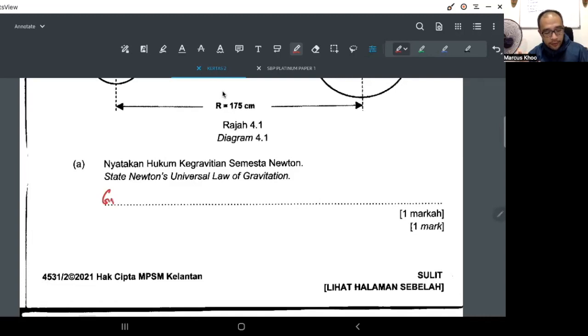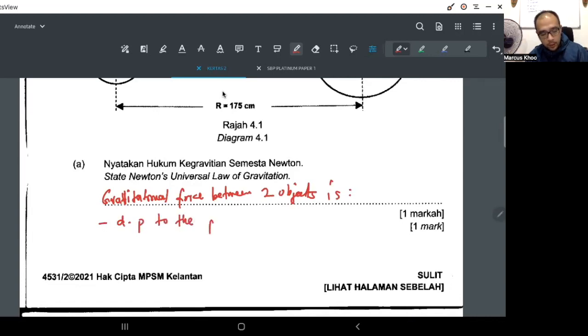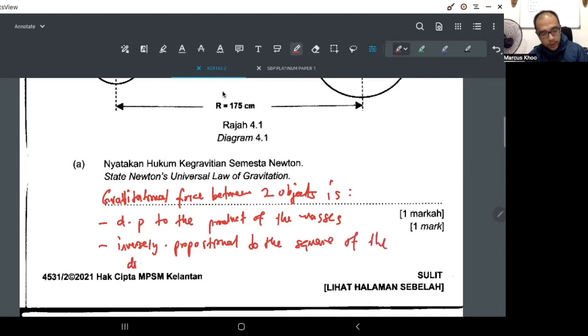So the gravitational force between two objects is directly proportional to the product of the masses and inversely proportional to the square of the distance between the two masses.